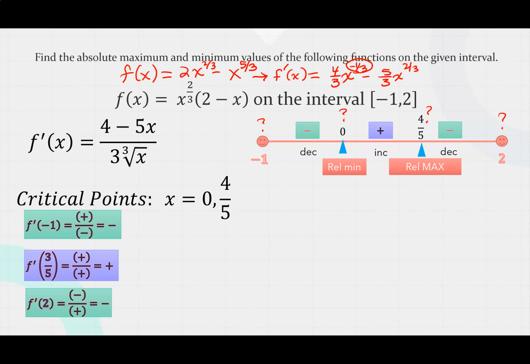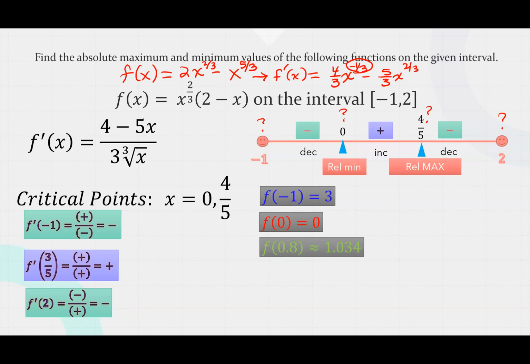How do we know? We just go and check the function values. f of -1, when you do the calculations, you'll get 3. f of 0 is 0. f of 4/5, which is 0.8, is approximately 1.034.